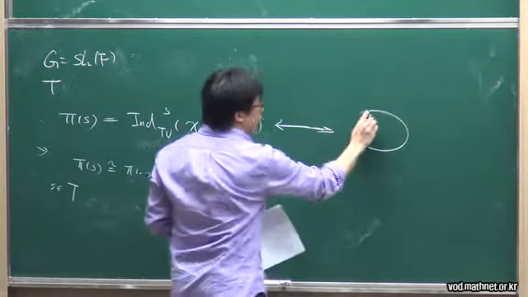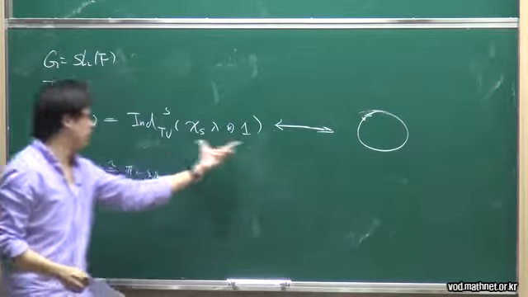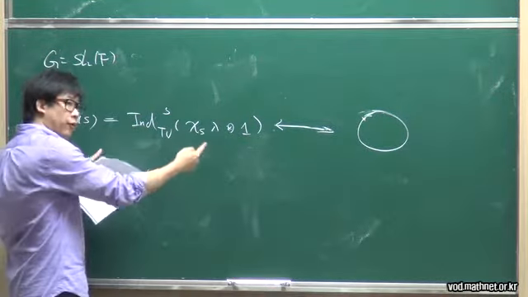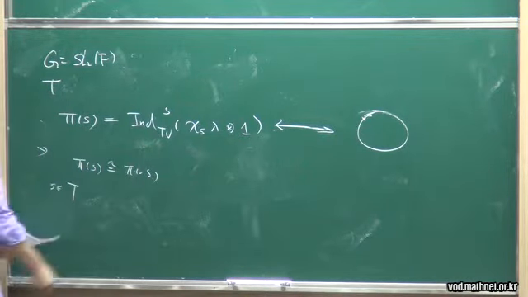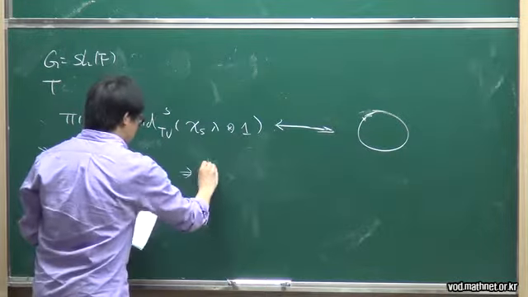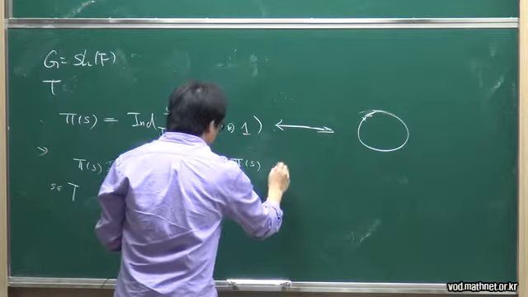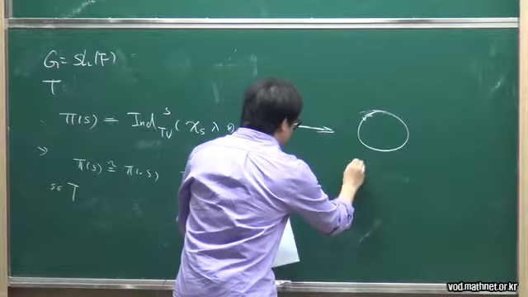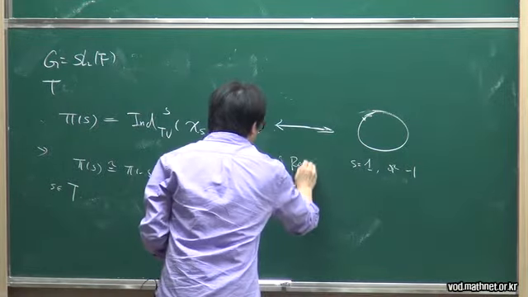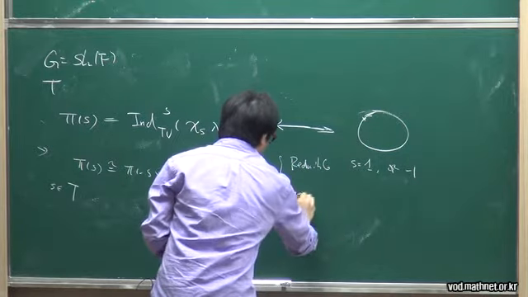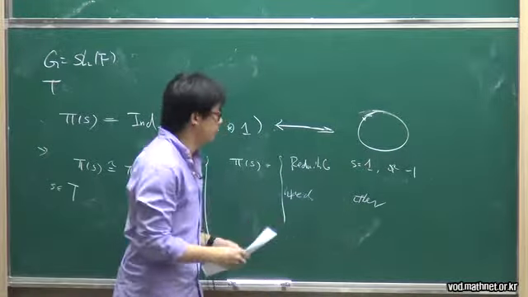That means any point on the circle stands for one character, and then we send the character into this picture. But now the problem is we have to figure out the reducibility of this representation. Using such a criterion, we have the following structure. The pi S, if S equals 1 or minus 1, is reducible. Otherwise, it's irreducible. So we have two singular points here.